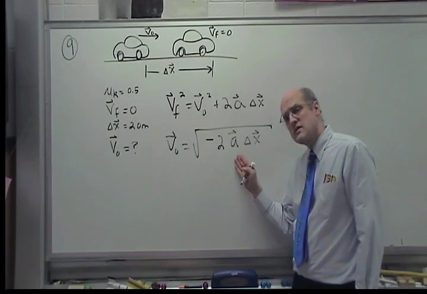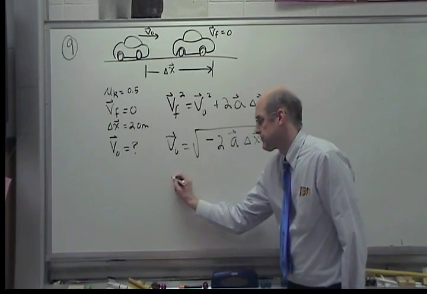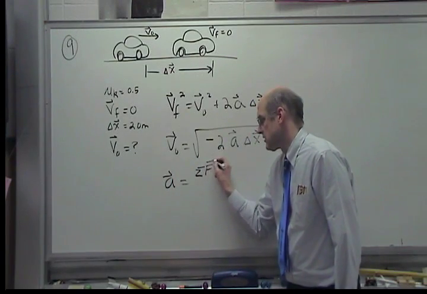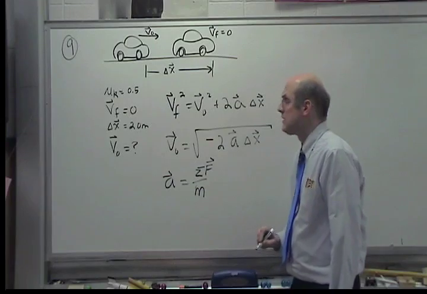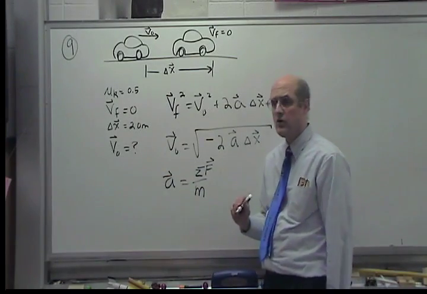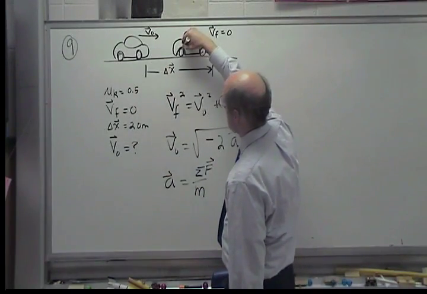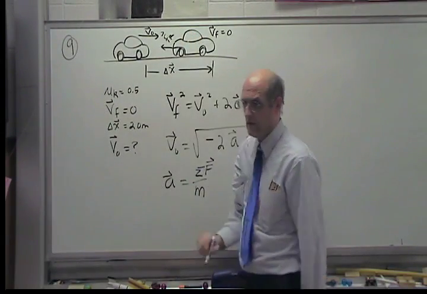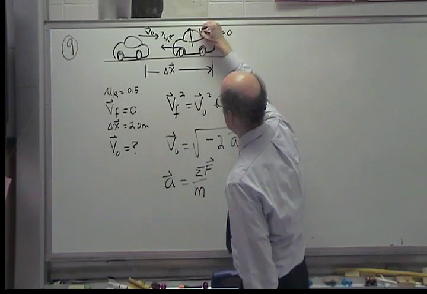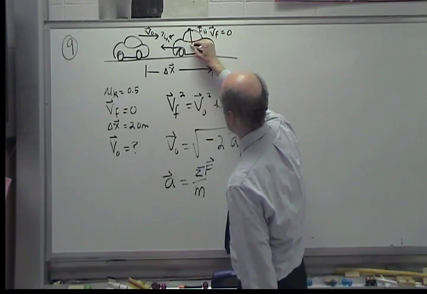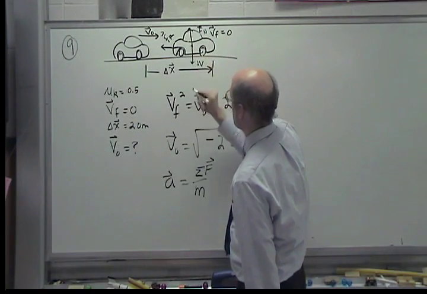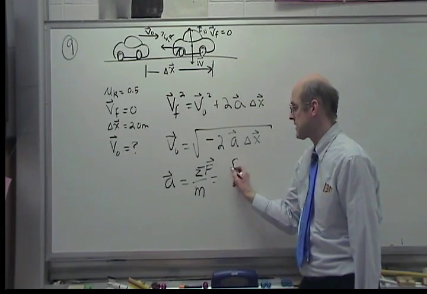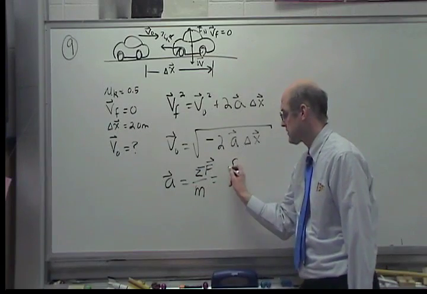Now I need to use Newton's second law to find the acceleration. Acceleration is equal to the net force over mass. Okay, let's draw a free body diagram of the car. If we do, we'll see that the net force is the force of kinetic friction. The normal force, which acts directly upward on the car, is balanced by the weight of the car. So the net force then is the force of kinetic friction, which acts to the left, so it's negative.